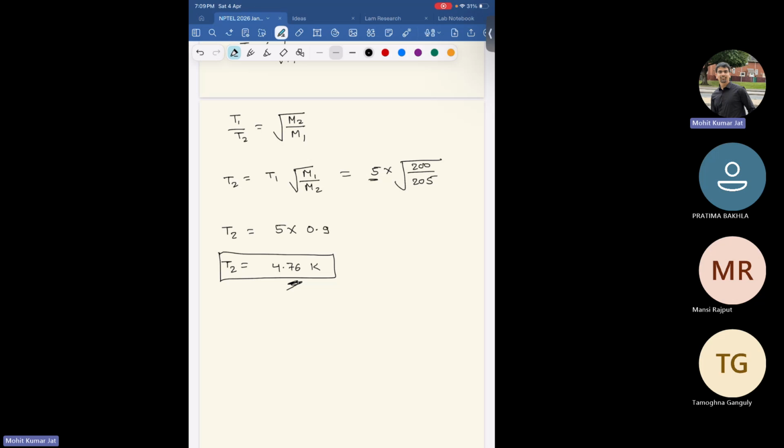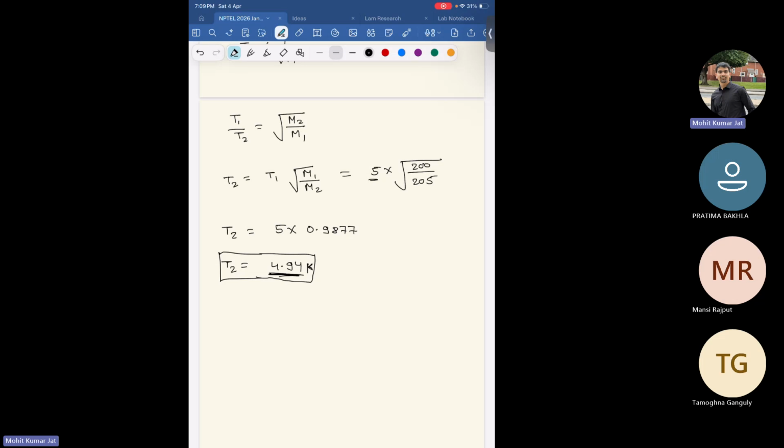This much change does not happen. My next solution is 4.94 Kelvin, roughly. So that's how you calculate the critical temperature for a different isotope.